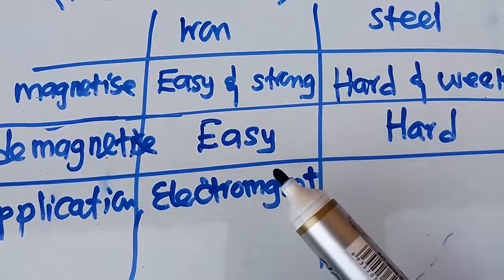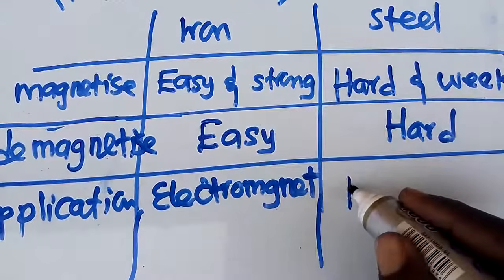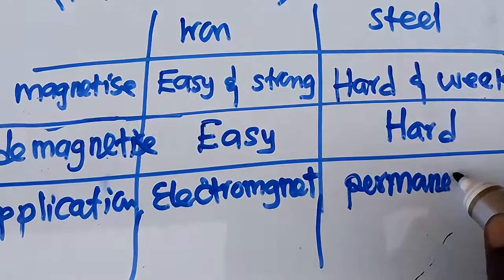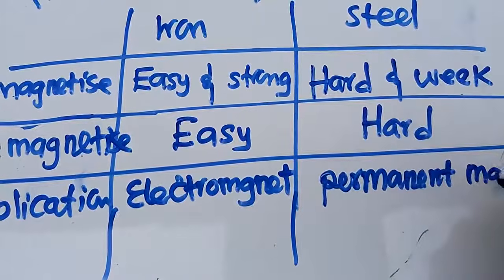Iron is used in electromagnets. Then steel is used to make permanent magnets. Whenever they want to make a permanent magnet, they use steel.